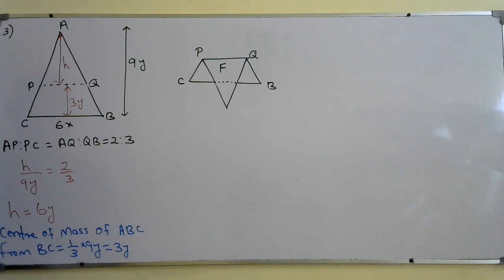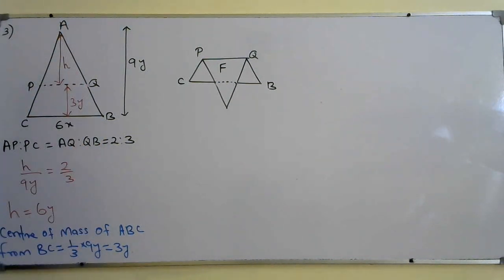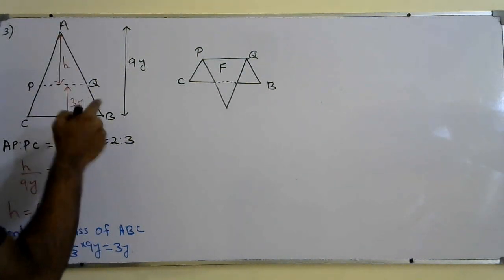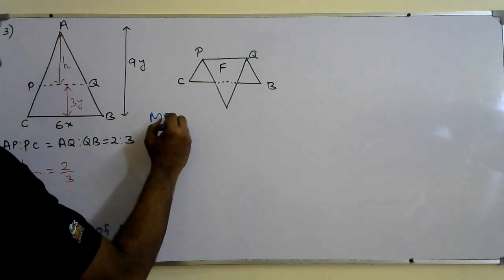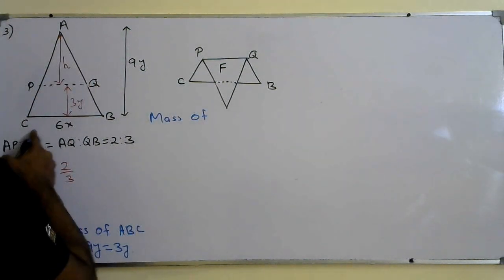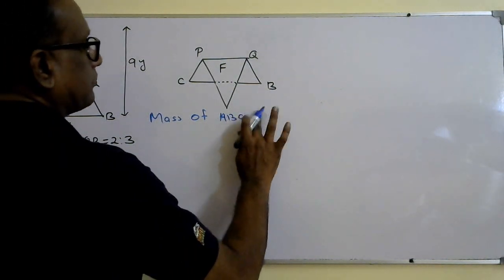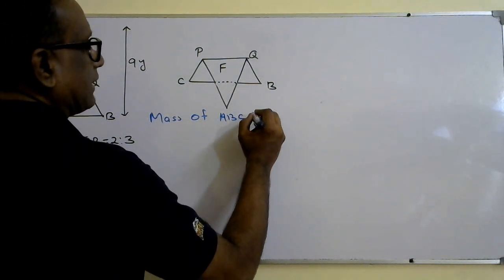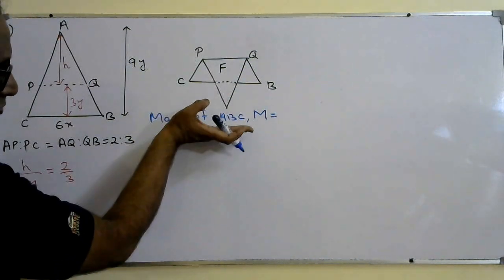For that we need to find the masses of the triangles, everything we have to find. So the mass of the big triangle, we'll find it first. The mass of triangle ABC is equal to, we can name it capital M because that's the total mass, even after you fold it.